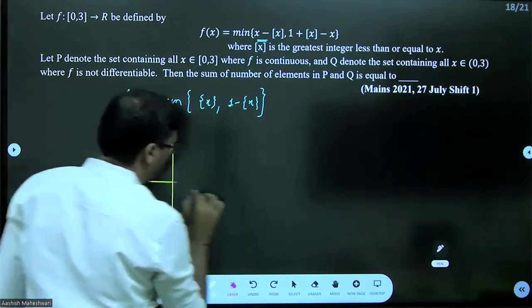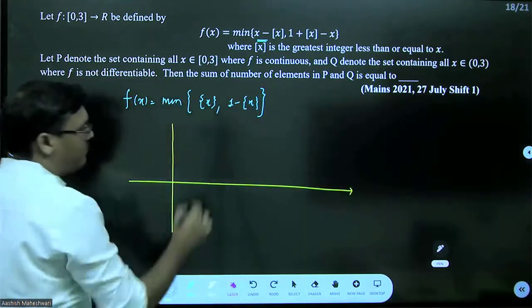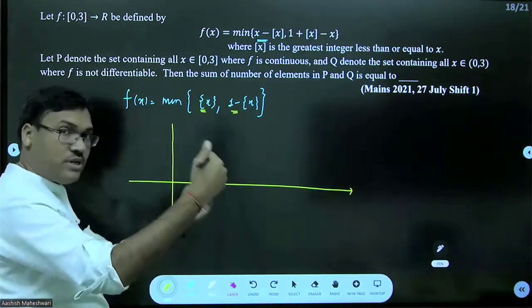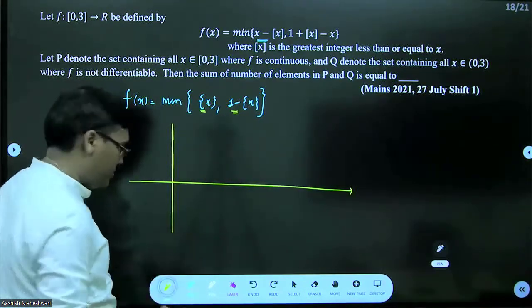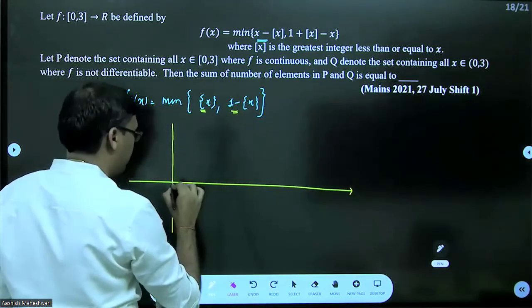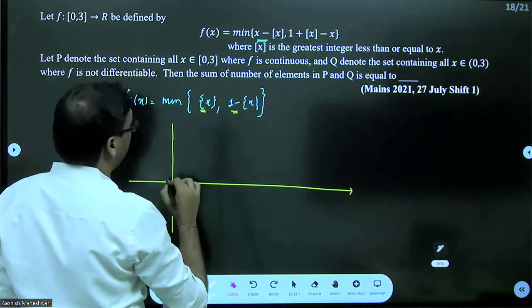Now see, if you just draw the graph of this minimum, we will draw the graph of fractional x, we will draw the graph of 1 minus fractional x, and the graph which is below will be the minimum. So we know the graph of fractional x. This is the closed interval 0 to 3.